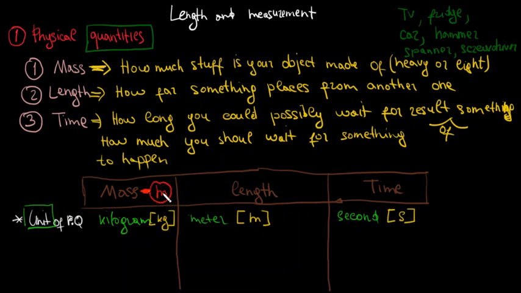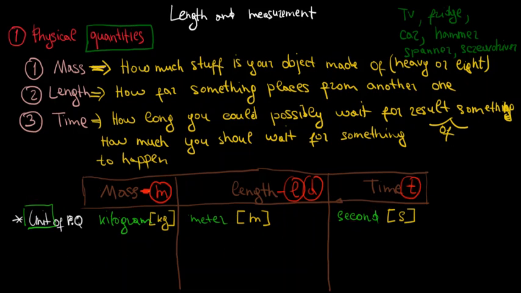This is not a unit, by the way. This is just a representation, a short form or abbreviation, for mass. For length, we're going to use the letter L or the letter D, so both of them may be used in equations. Time is going to be shown with a lowercase t.